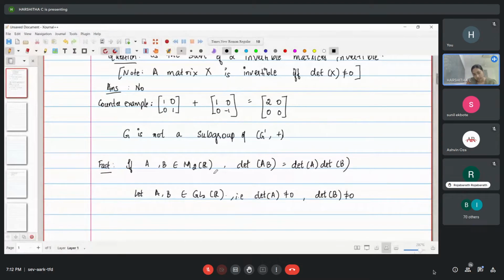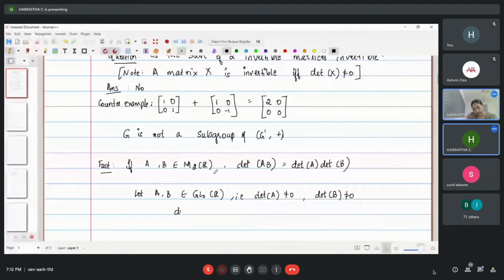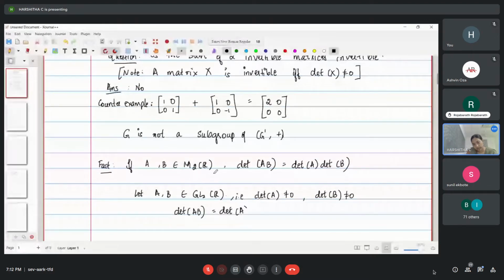So determinant of AB, which is determinant of A times determinant of B, cannot be equal to 0, right? So at least the first condition of the group is satisfied, that GL2R is closed under multiplication.